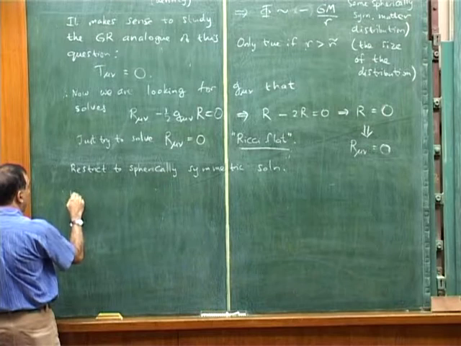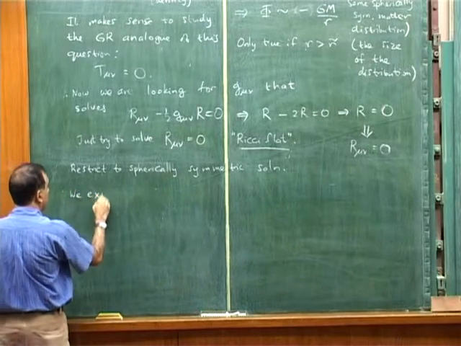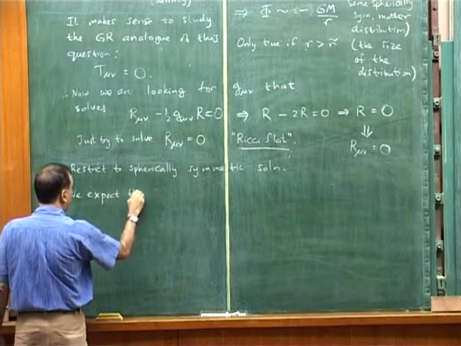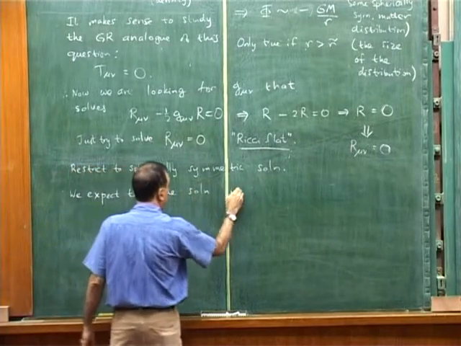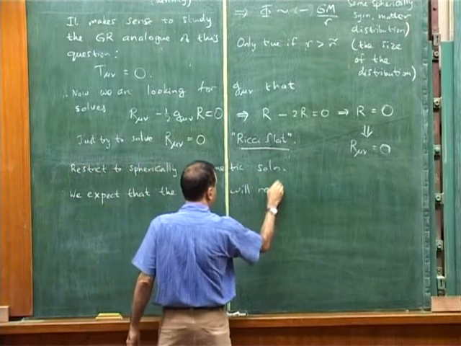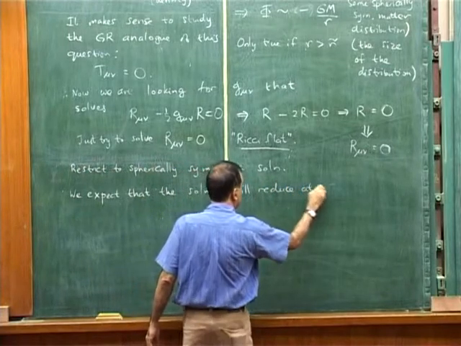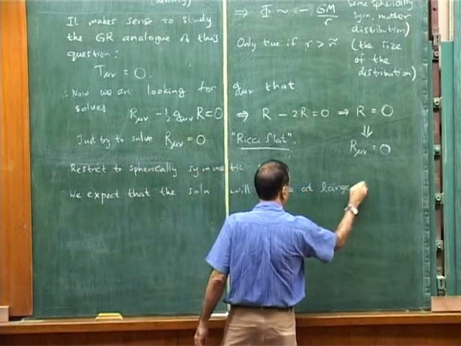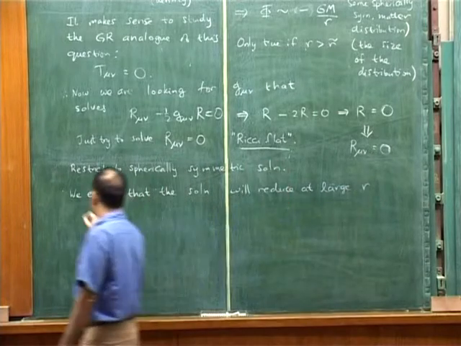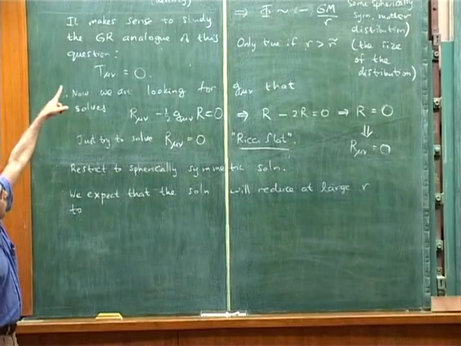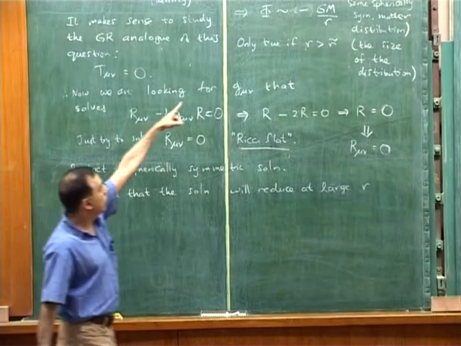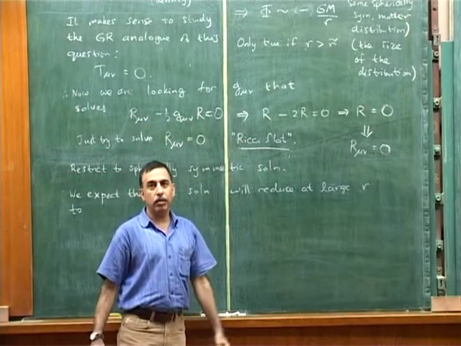Another thing is, we expect that this solution we are looking for will reduce at large distances to that solution. I've written there in terms of the Newtonian potential, with the Newtonian potential being minus Gm upon r.